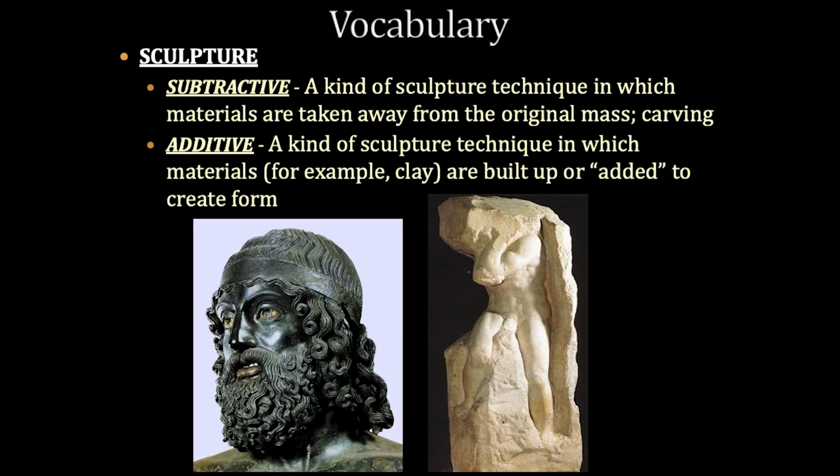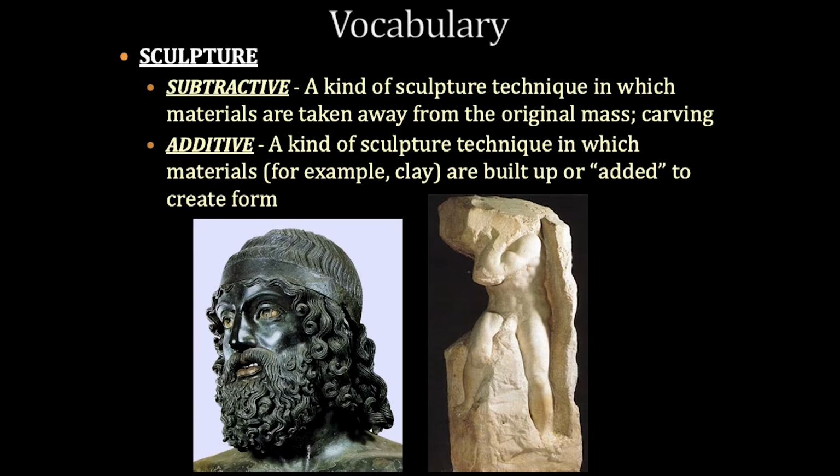All right. If we get into 3D a little bit more here, if we talk about sculpture, there are two different types of sculptural processes, and then a variety of methods within each of those. So a subtractive sculptural process takes material out from the original mass. So you're carving and removing material.